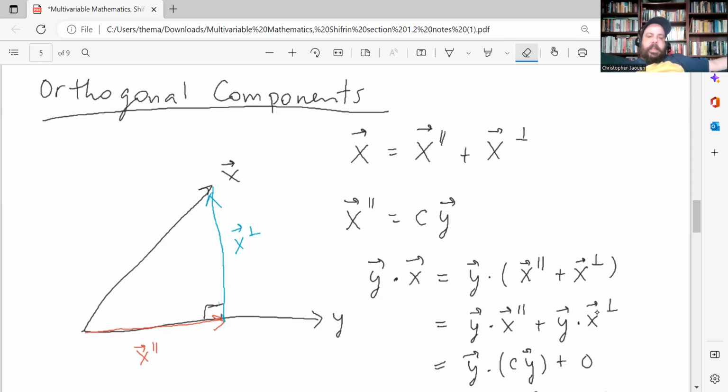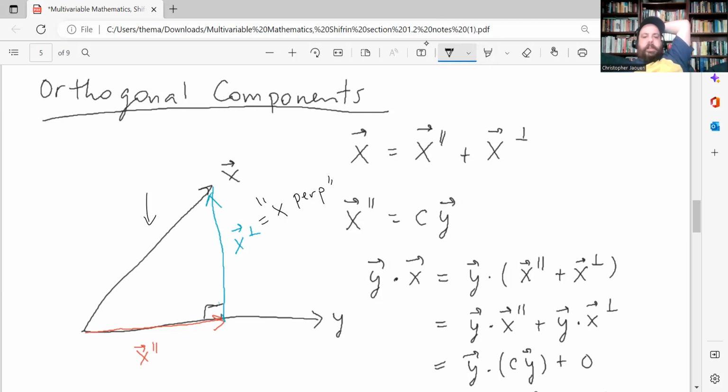So looking at the picture that I have here, if this vector here is x, then the red vector is the vector component of x in the direction of the vector y, and the blue vector is called x perp, for perpendicular. That vector is orthogonal to the red vector, meaning that they're perpendicular.